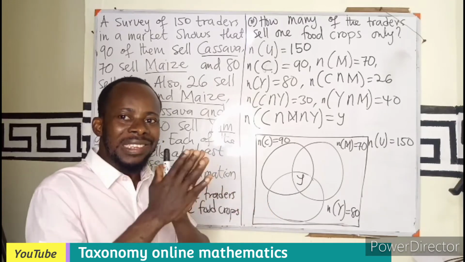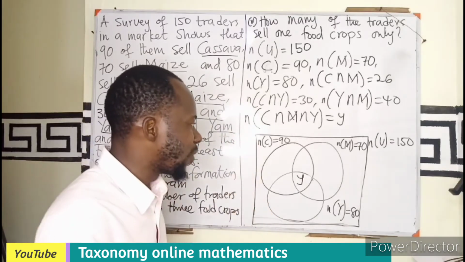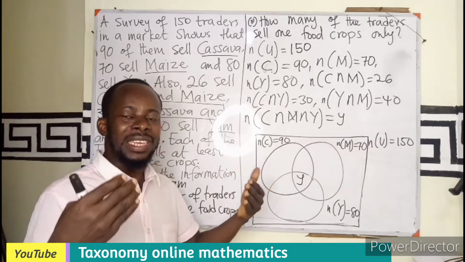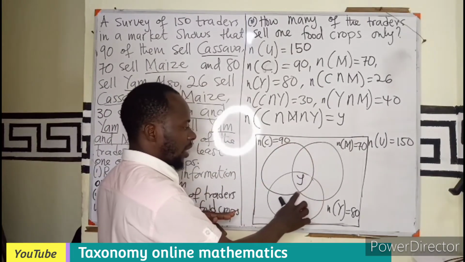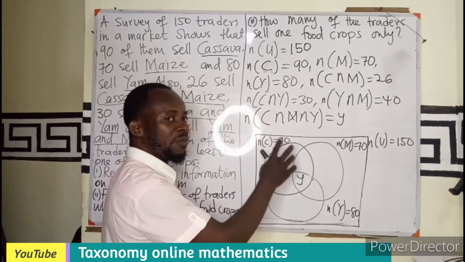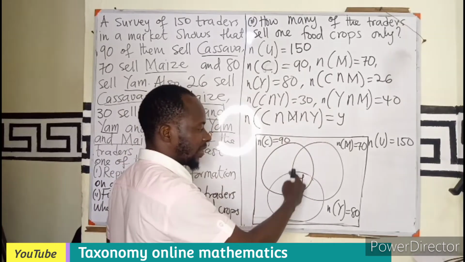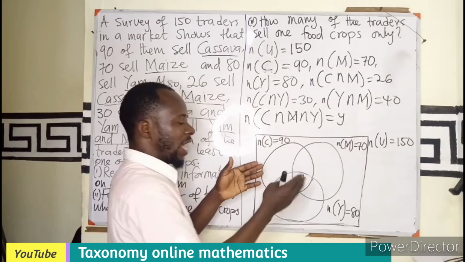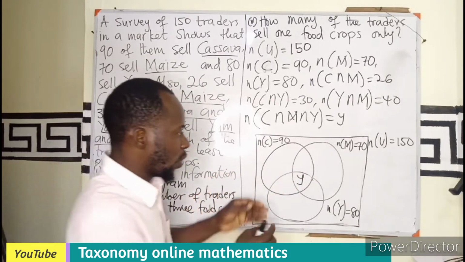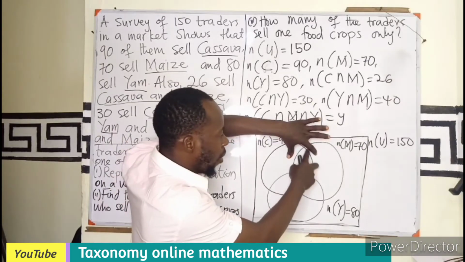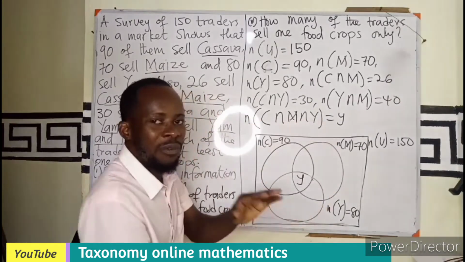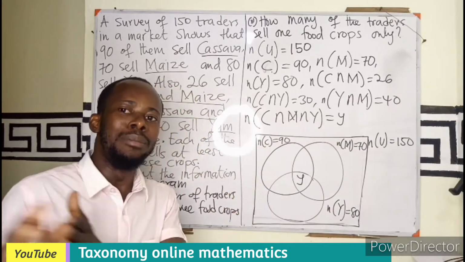But we have been told cassava and maize, the region where the two sets overlap. If I cover this set with a different color, and I cover this set also with a different color, where the two colors merge will include the Y and this empty space. So both Y and the empty space are for cassava and maize.